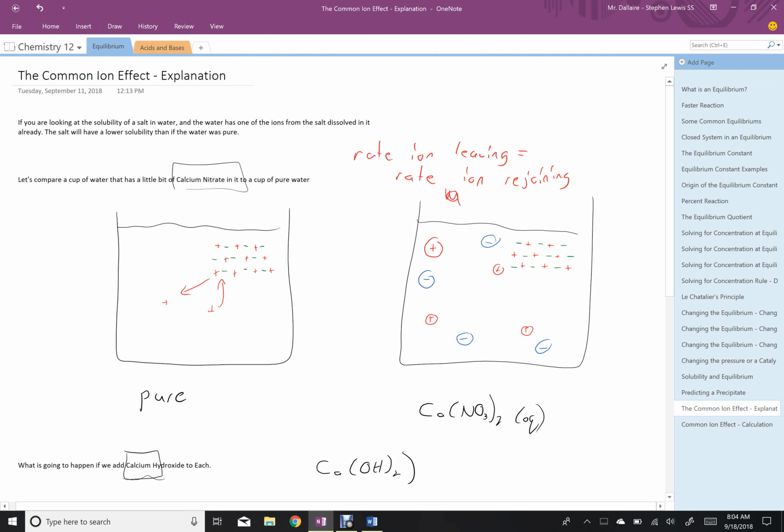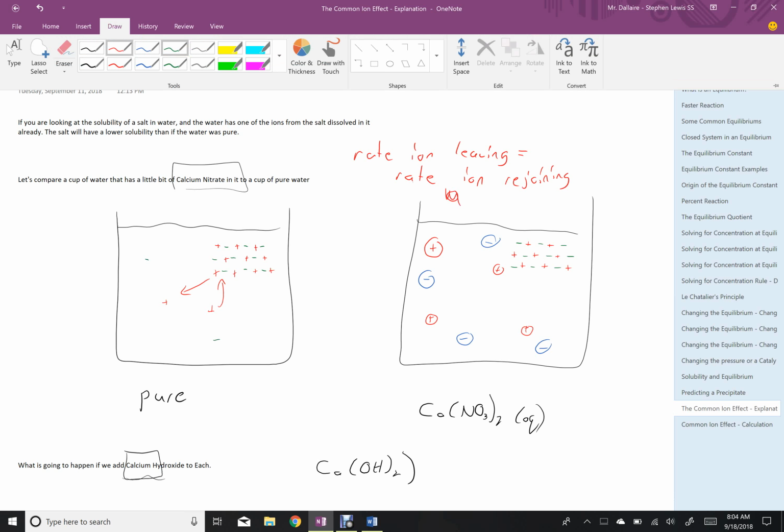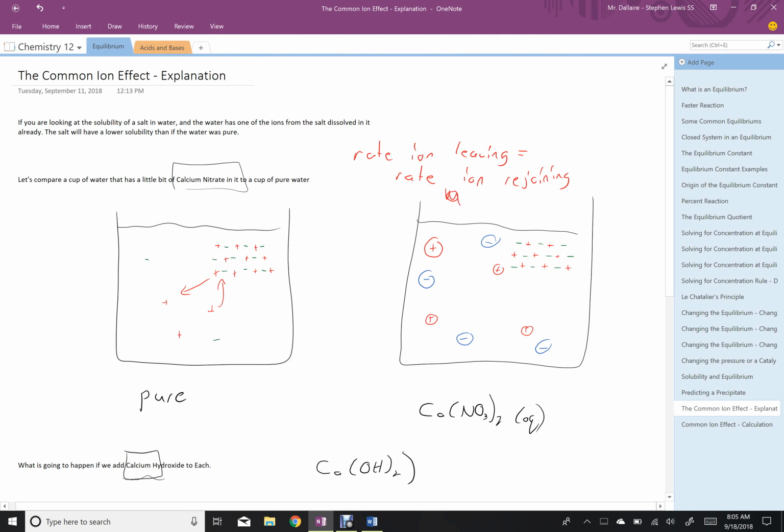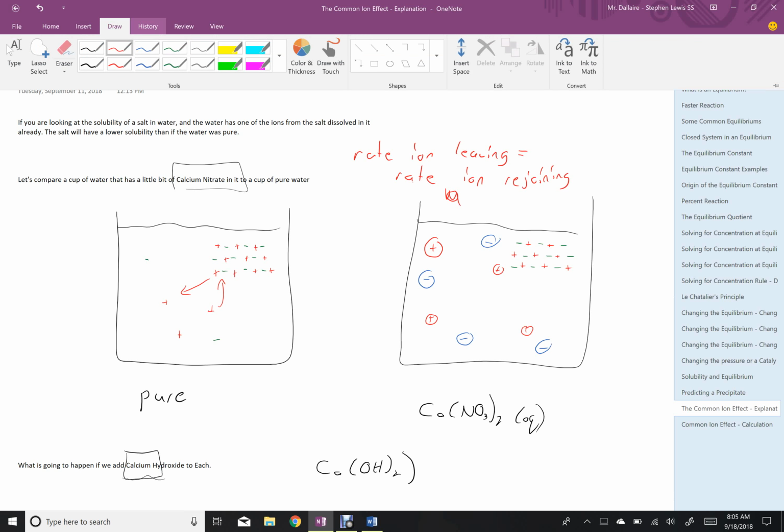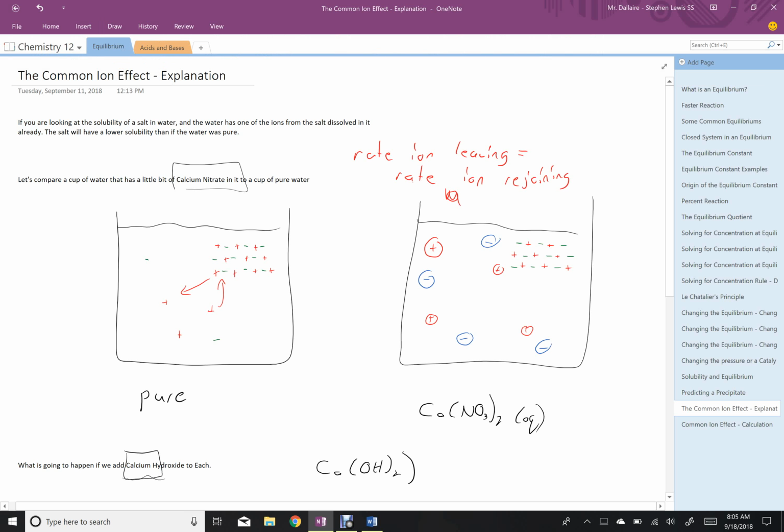So even in pure water here, we're going to get some calcium and some hydroxide leaving the crystal. And once we get a little bit of it having left the crystal, then it can start to come back to the crystal and rejoin, and these two rates can become equal. The difference is when we have a common ion previously dissolved in the solution, there's already the pluses available in the solution to start trying to rejoin the crystal in the first place.